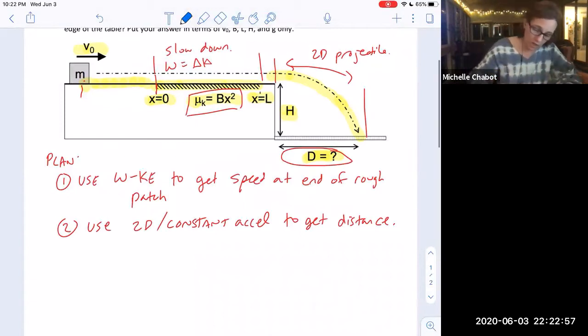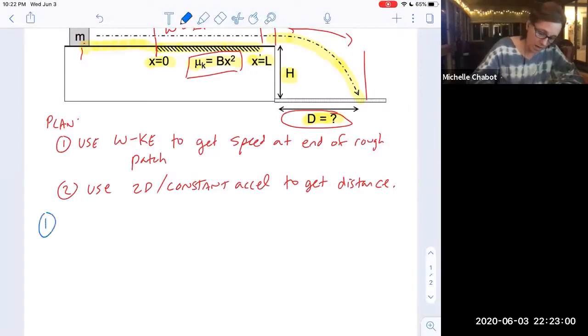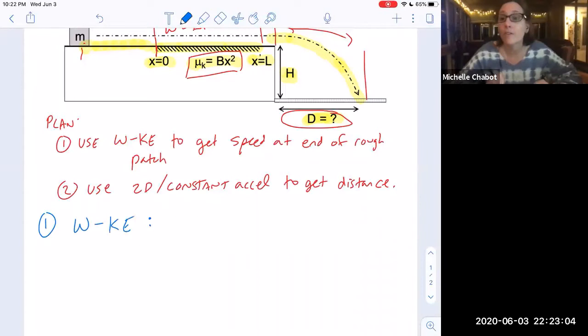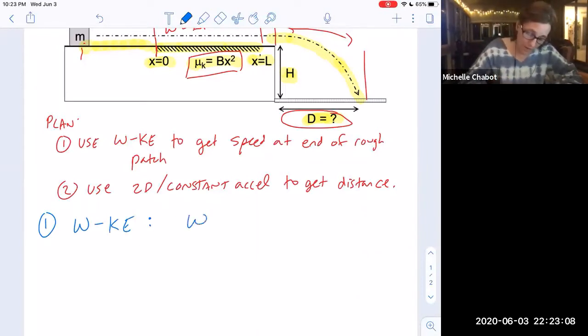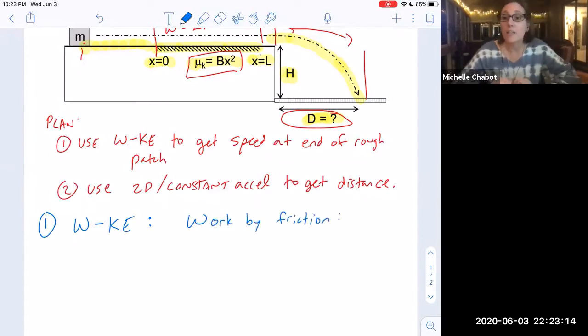So the only thing changing the kinetic energy is going to be the work of friction. So remember that the work by friction is normally the force of friction times delta x, when it has some constant friction.